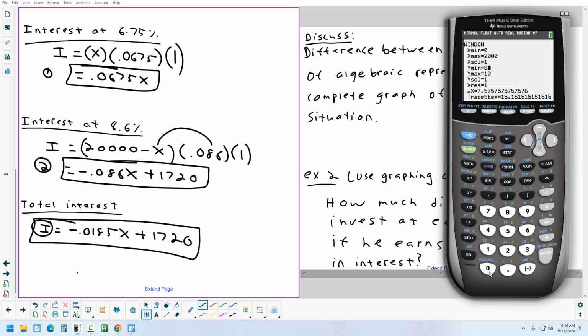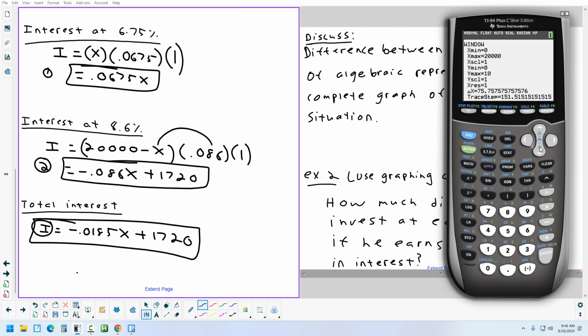What do you think we should set our y max to? Well, 20,000, sorry, that's the x. That's the amount of money that we can invest. The y max is the amount of interest we're going to make. But look at the equation for total interest.